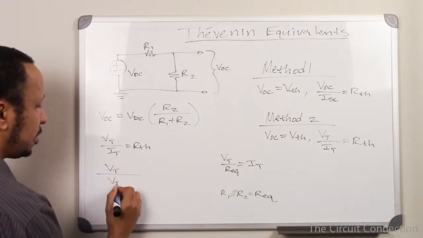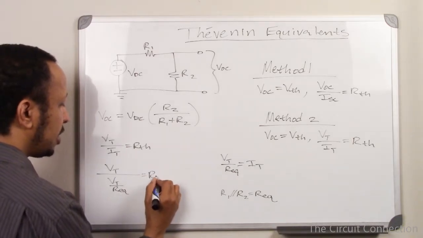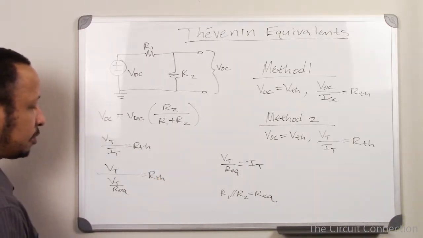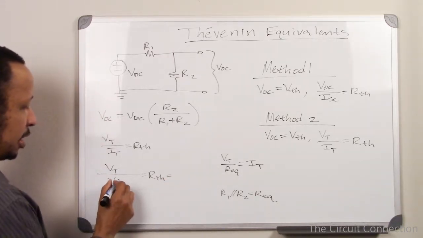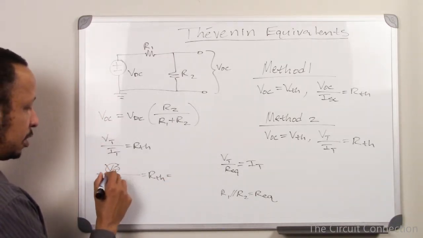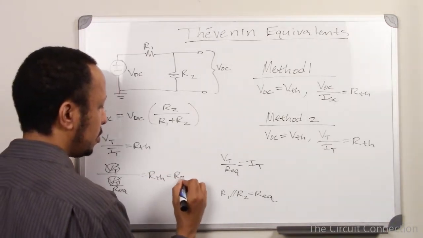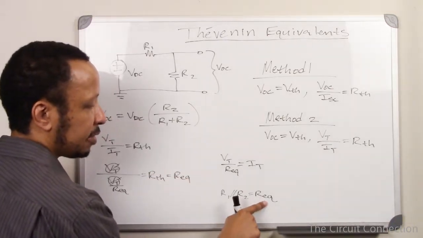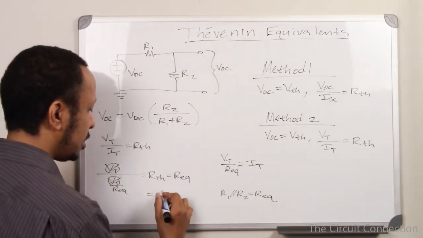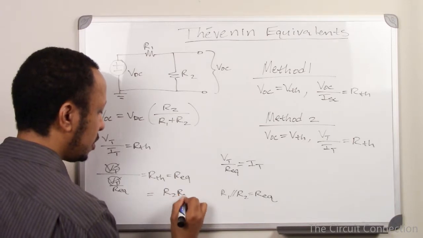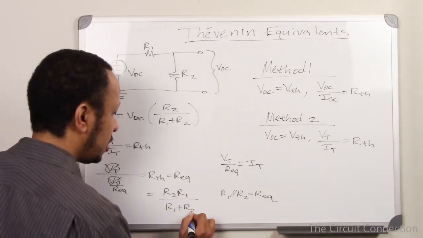So VT over IT gives us RTH. The VTs cancel, and R equivalent comes up to the top. And R equivalent is R1 parallel to R2, which is R1 R2 over R1 plus R2.